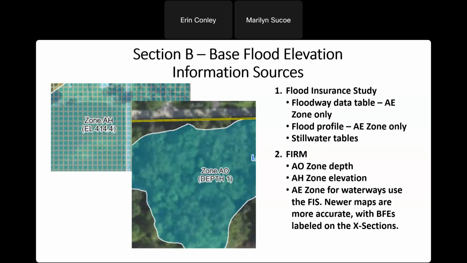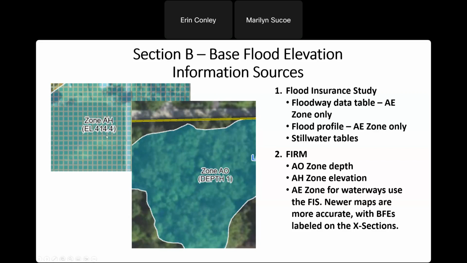This is a sheet flow situation. So water is sheet flowing across this area 1 foot in depth. So no matter where you are in this area, the depth of flow is considered to be 1 foot deep.